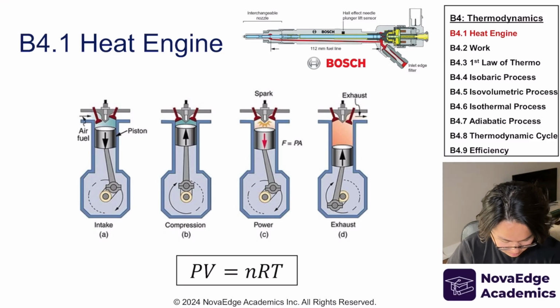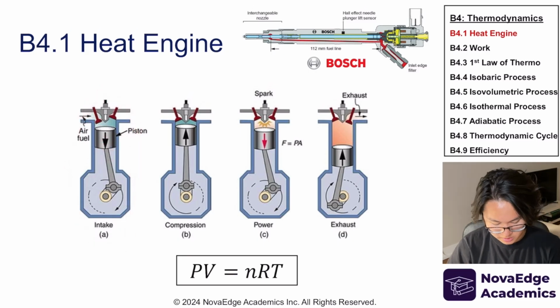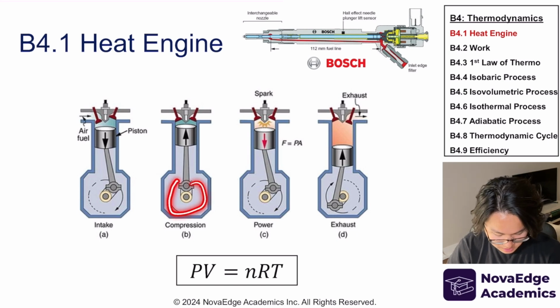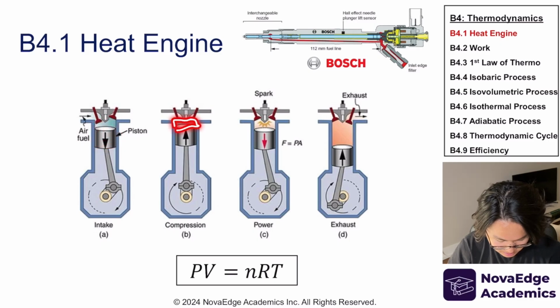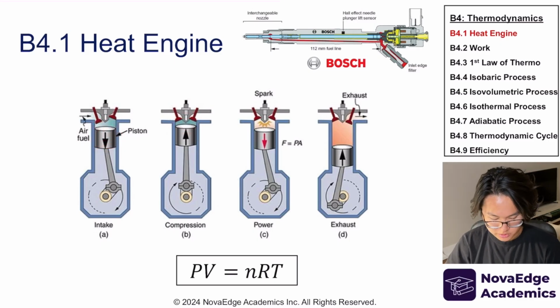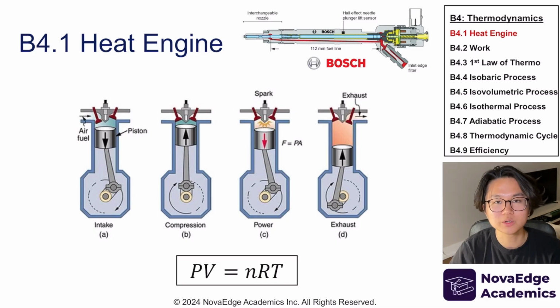So as an example, we have the piston coming down in the first part, which is about intake. It's about taking in air and fuel. And after that, as it rotates, it's going to compress this gas into this small volume. So it's pressurizing it, and when it pressurizes, it makes it easier to combust.